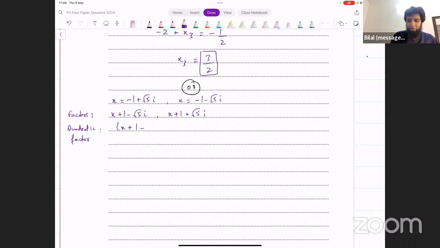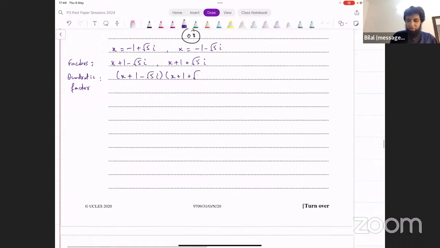That gives you x plus 1 minus under root 5 iota multiplied by x plus 1 plus under root 5 iota. Now you can do this complete multiplication like you normally do, multiplying every term of the first expression with every term of the second. Or it makes things simpler like this.